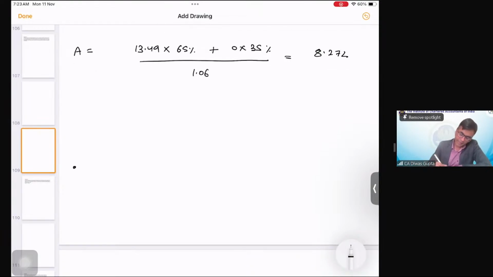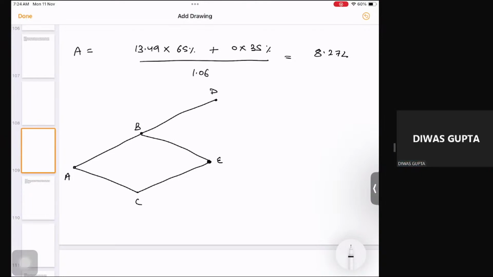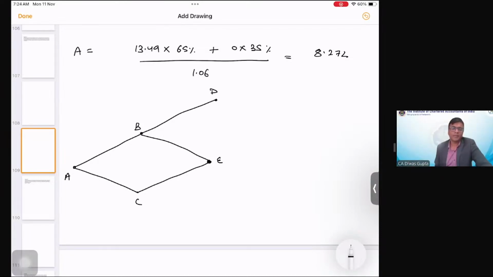And if we can present it in this manner also, it will be good. So this is the A, this is B node, and then this is C node. Yeah, sorry.